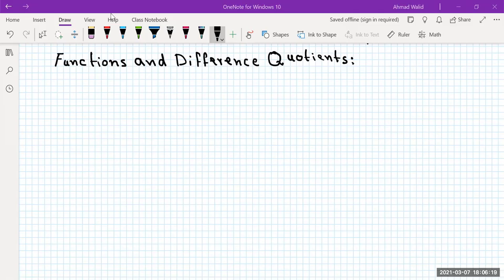But let me give you at least an idea of what I mean when I talk about the average rate of a function. You may be aware of this story of Sir Isaac Newton, even though I'm not sure that this story is true or not.